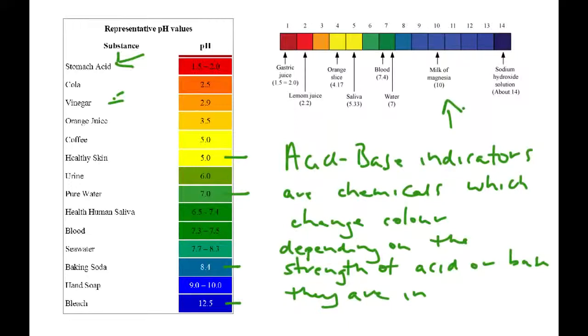Some of the common acid-base indicators are things like universal indicator, which you've already worked with. But you can find indicators in lots of natural products too, like the various pigments or colours in plants can be used as acid-base indicators.